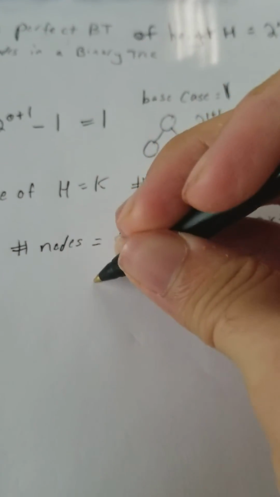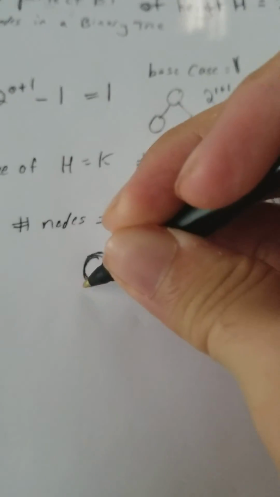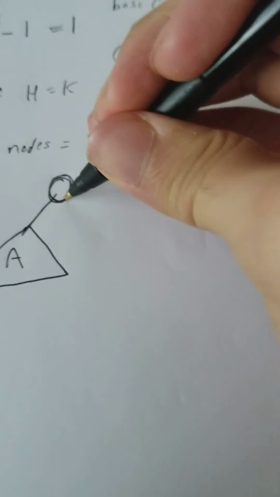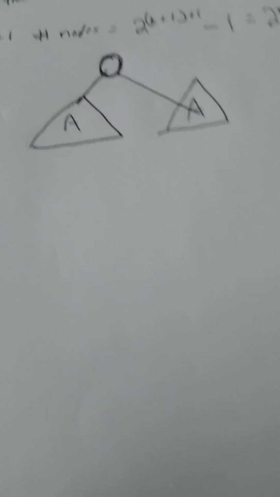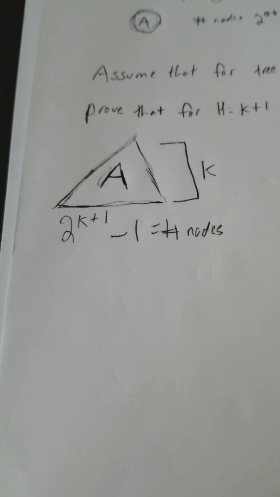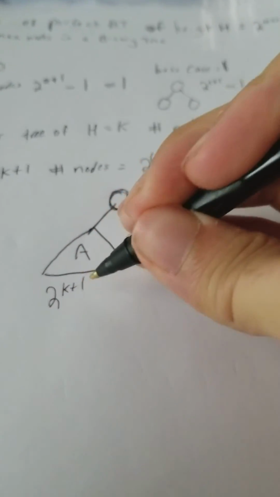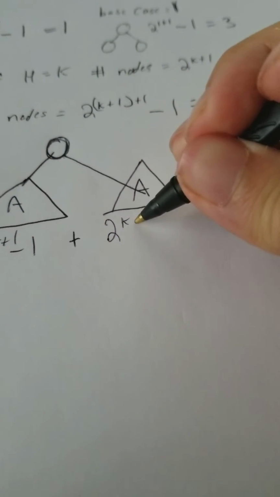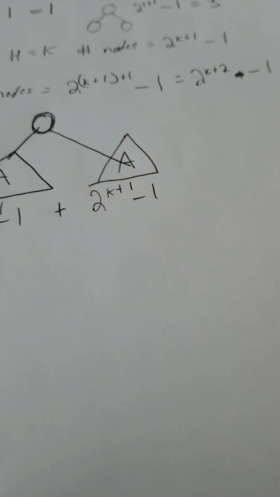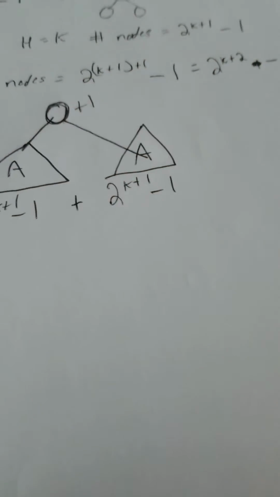We could say, well, what if we have a root up here, and extending from the left of the root, we had a copy of A, and coming out of the right of the root, we have another copy of A. Now A, we said over here, has 2 to the k plus 1, minus 1 nodes. So all this is 2 to the k plus 1, minus 1, plus another 2 to the k plus 1, minus 1, plus our one new root.